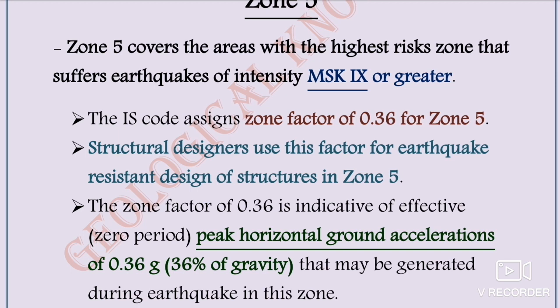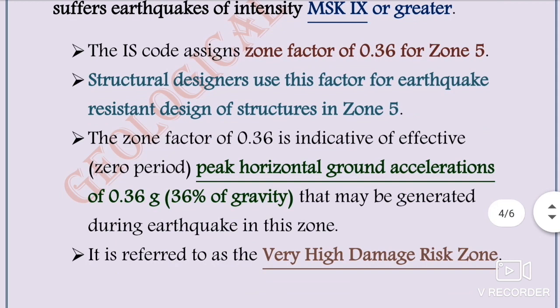So this zone factor is very important as well as significant when the structural engineers or the architects design any engineering construction material or any building, or the earthquake resistant design of the structure in zone 5.